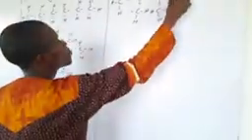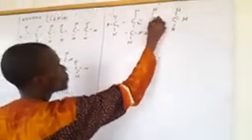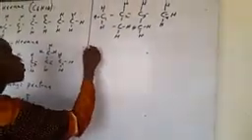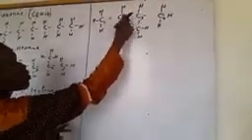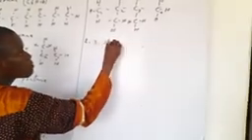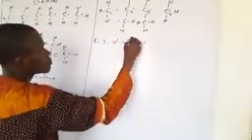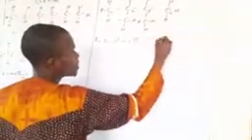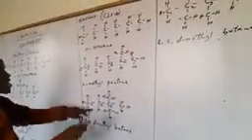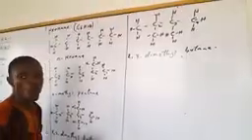So we can have 1, 2, 3, and 4. Because we have one attachment on the second carbon and also on the third carbon, we have 2,3-dimethyl, and the longest chain is butane. Apart from the ones I've mentioned, there are no other isomers for hexane. So we have 5 isomers for hexane.